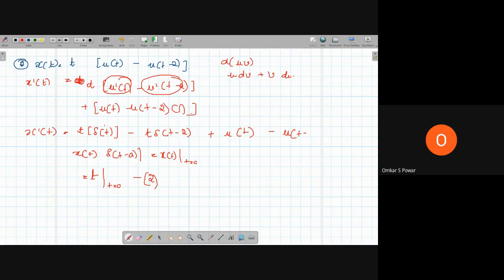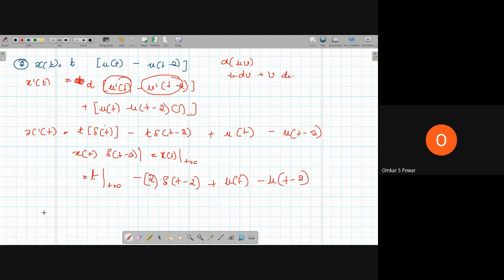So at t is equal to 2, you have to substitute that value. So this will be equal to 2 into del of t minus 2 plus u of t minus u of t minus 2.